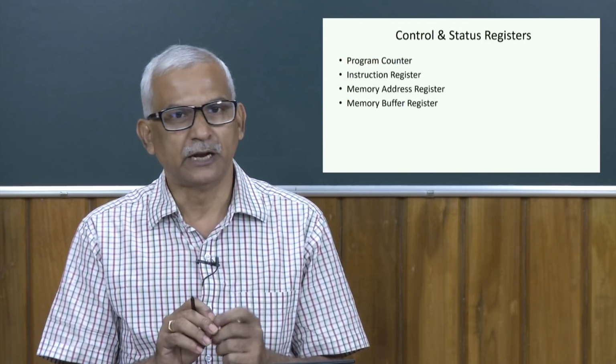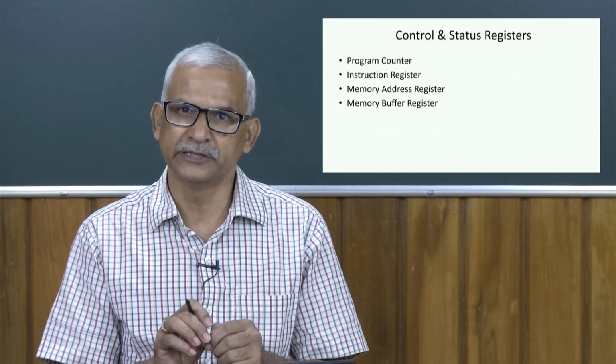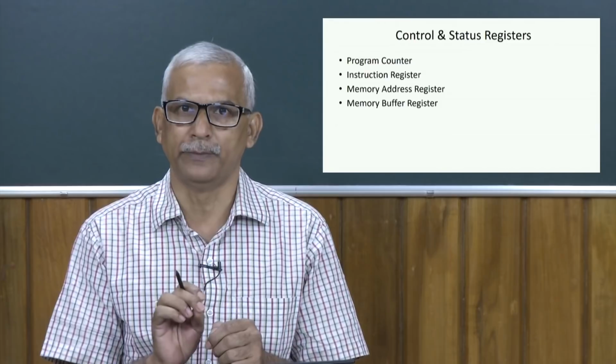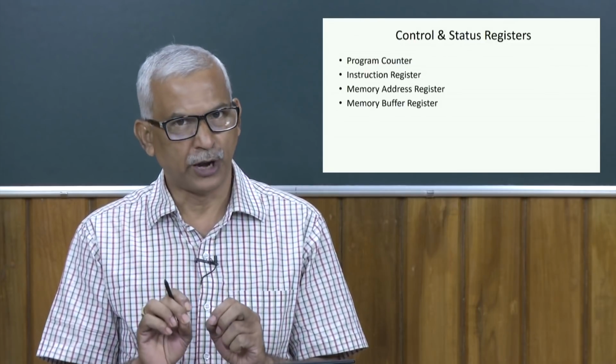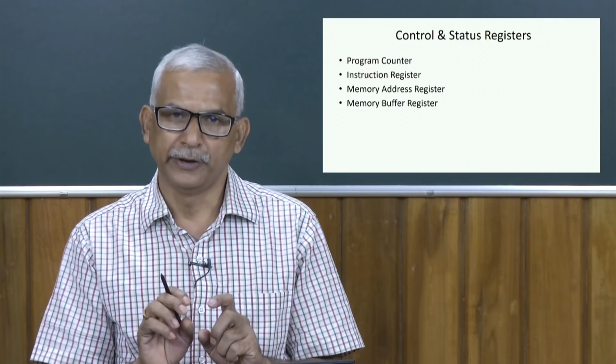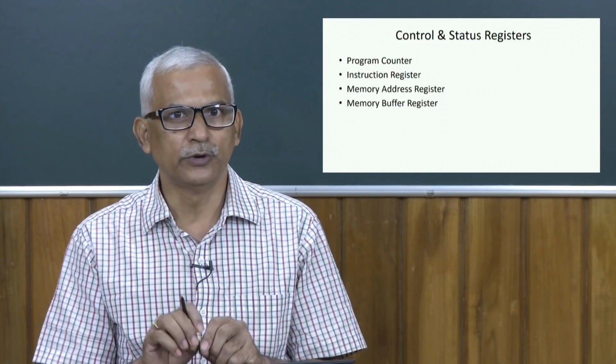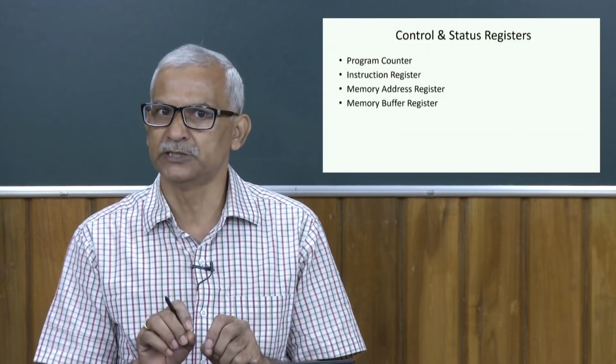So, these are the general purpose registers where we store information, data and addresses, and these are accessible to the programmers. While we write a program, we may use those registers to store our information. But there are some other registers or storage elements inside the processor, known as control registers or status registers.